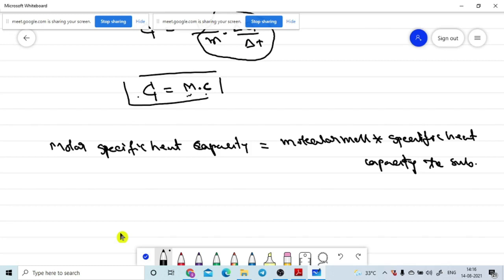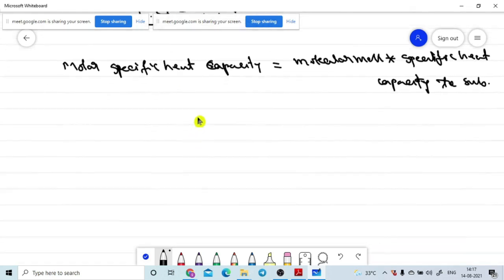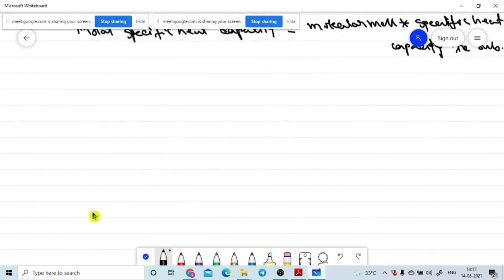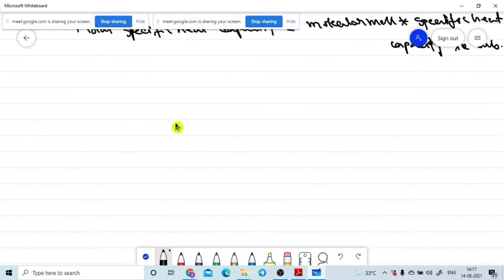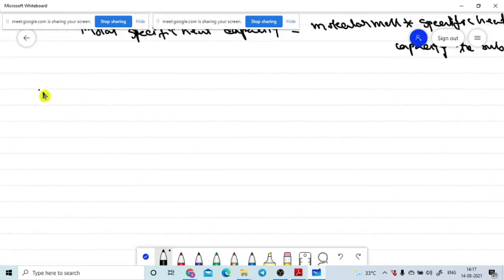Wait, ma. That is a very important topic, but I forgot to explain this one. So now let me do this one. Now this is the continuation topic. I need to introduce this topic here itself because it is very important for your competitive exams. So feel it is out of syllabus for your PUC 1, but it is very important for your competitive exam.